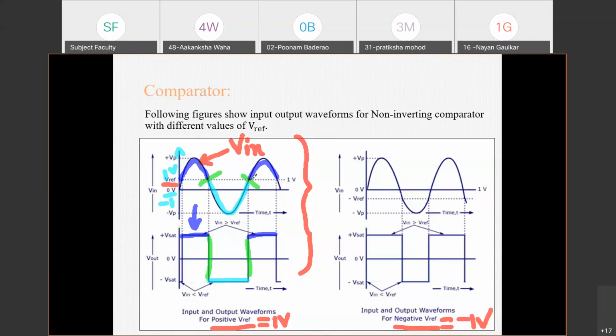At this point, V in is equal to V reference. So when V in equals V reference, what is happening? The output of your op amp is changing from one saturation level to another saturation level. You can observe here from one saturation level to another saturation level.